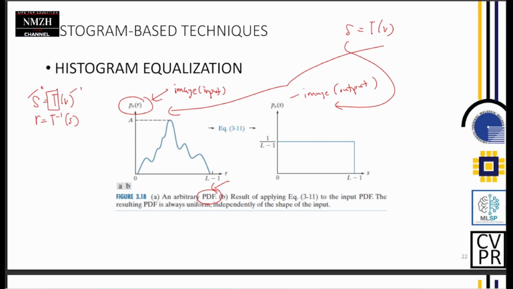Okay, so the idea of finding the PS of S over here is to have PR of R by DR over DS. Okay, so that will be the idea of having this from this, the multiplication between the PDF for the input with the derivative of R with respect to S, right?